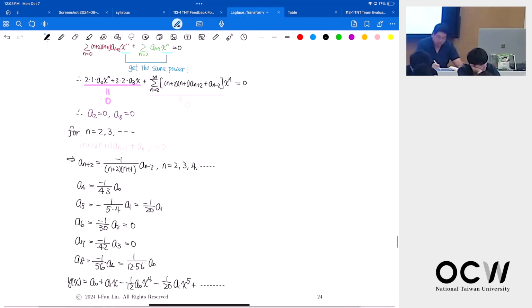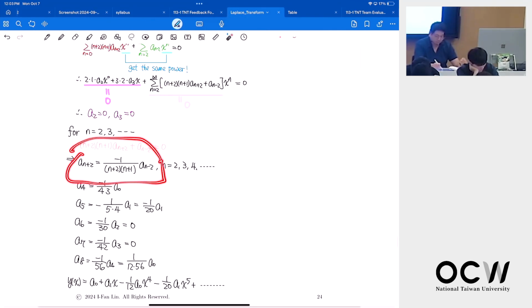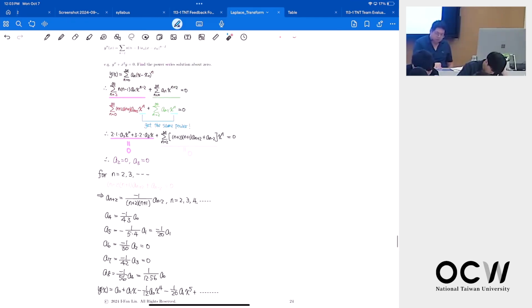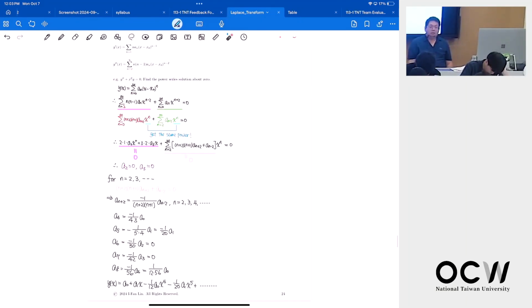So that is the recursive term. Any questions for this one? So for the series analysis, or when you try to find a power series solution, there are no new techniques. It is just tedious work.